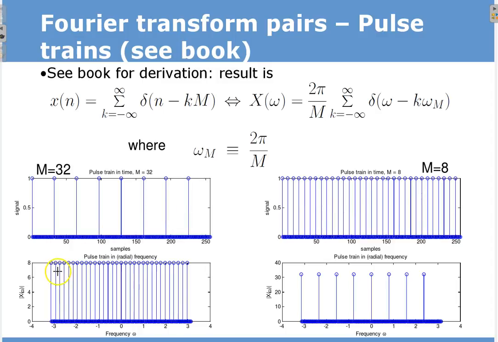On the other hand, if we have a short spacing in time, so the thing goes to 1 fairly frequently, we'll have a much more spread out sampling in frequency. This is the same kind of picture as before, where when things are getting spread apart in one domain, they're getting closer together in the other. And this turns out to be really the key to understanding sampling theory, which we will talk about separately.